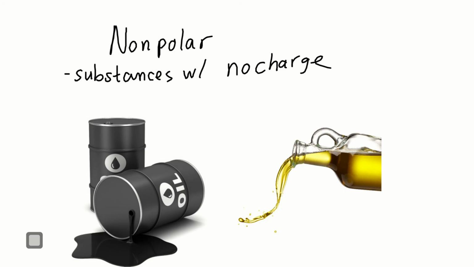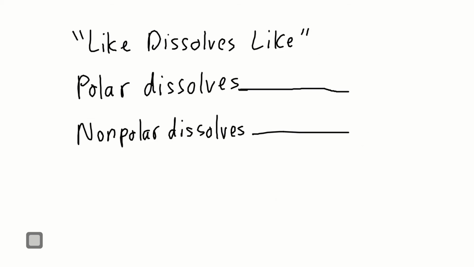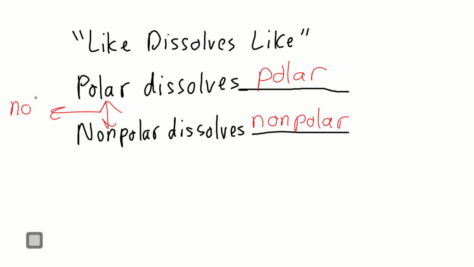Nonpolar substances are anything that they share completely, and there's absolutely zero charge between the two. So like dissolves like means polar dissolves polar, and nonpolar dissolves nonpolar. If you mix polar and nonpolar, they will not dissolve.